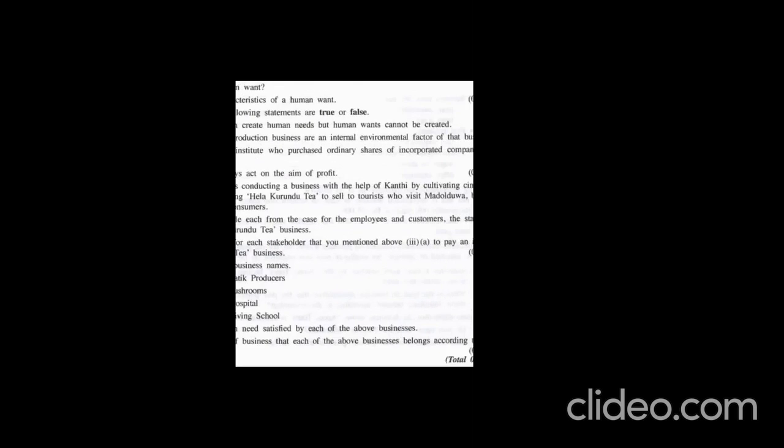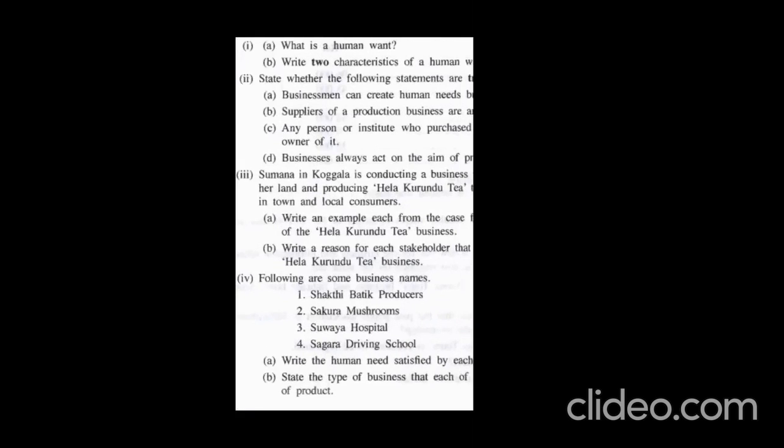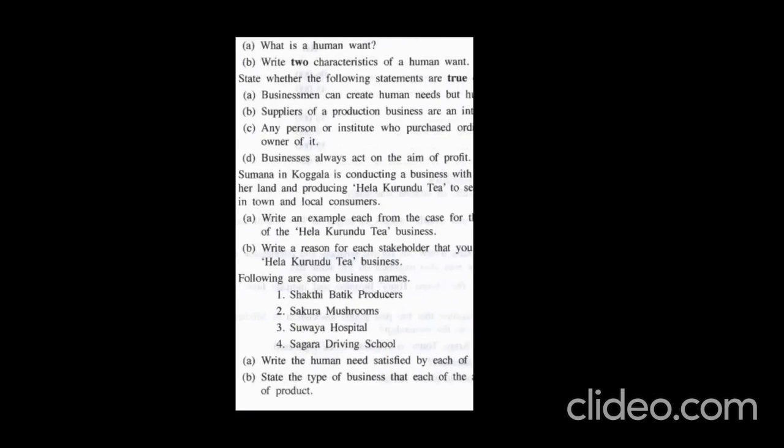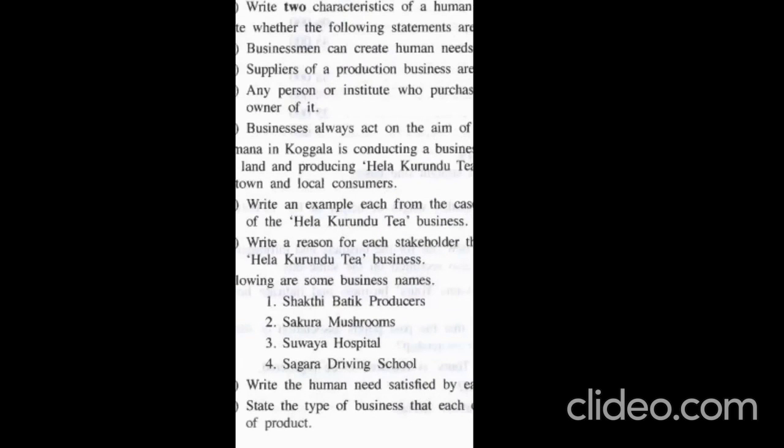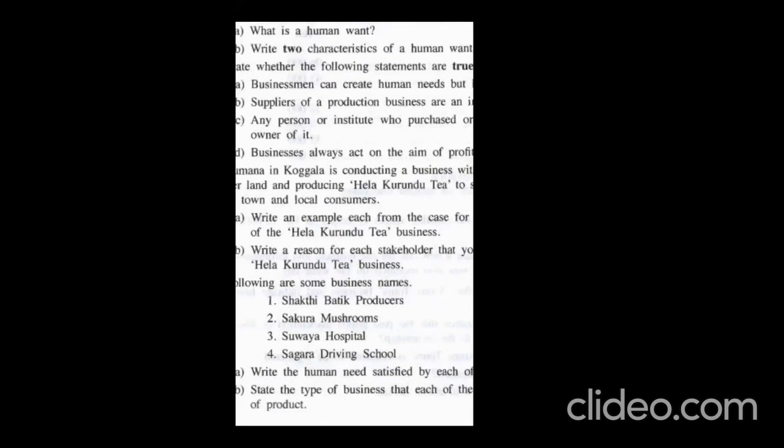Following are some business names: Shakti Batik Producers, Sakura Mushrooms, Soya Hospital, Sagara Driving School. Write the human needs satisfied by each. Somebody tell me, what does Shakti Batik Producers fulfill? Clothing. Yes, batik is a type of clothing, remember that. Then Sakura Mushrooms: food.